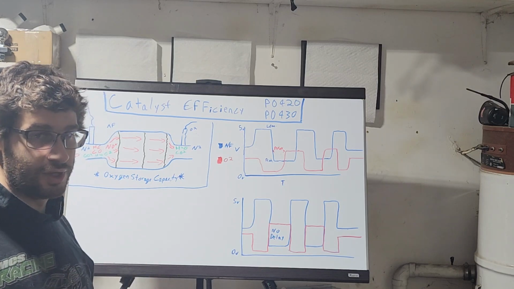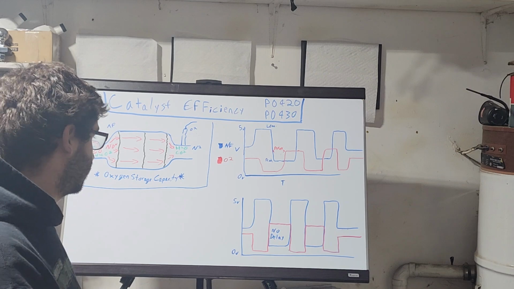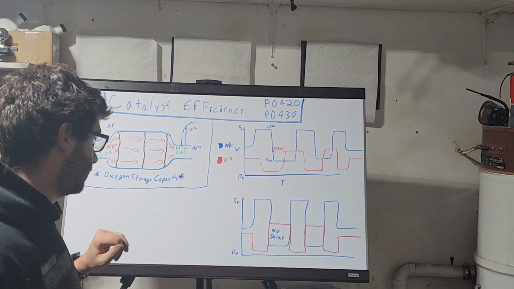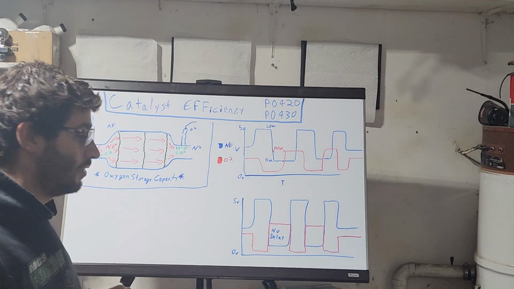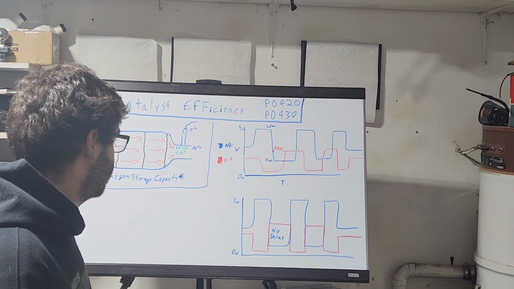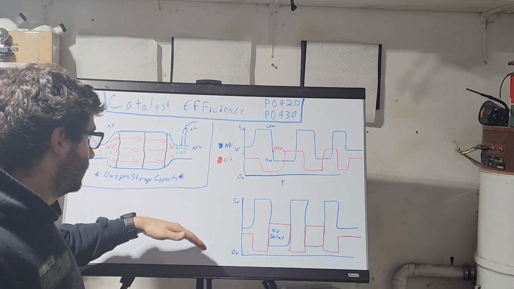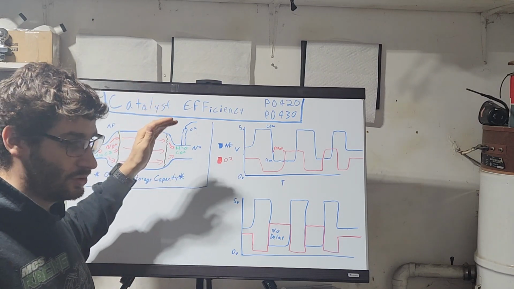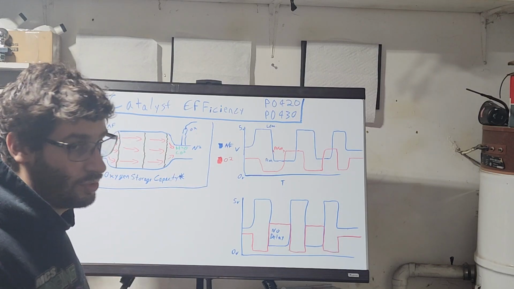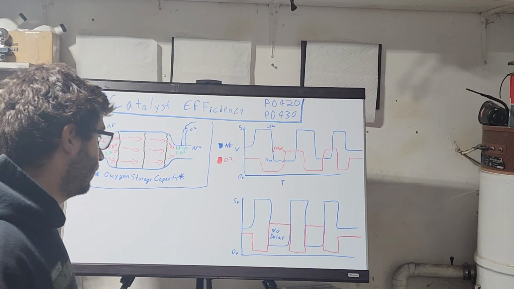And that's how it predicts rich or lean conditions and produces a voltage. Air fuel sensors work the opposite way. Their voltage will go opposite of an O2 sensor. Oxygen sensors voltage up for rich, air fuel sensors voltage down for rich, on the brands I normally work with.